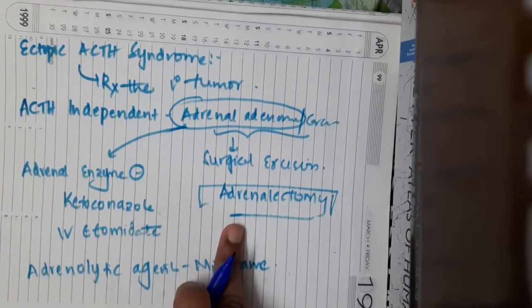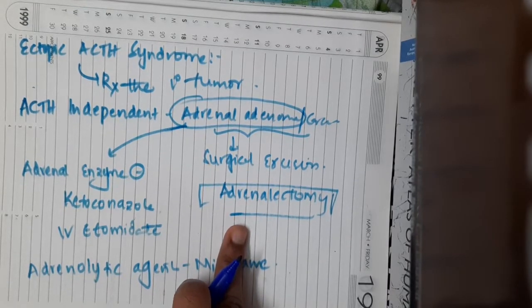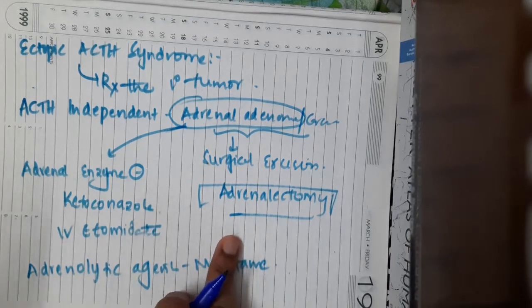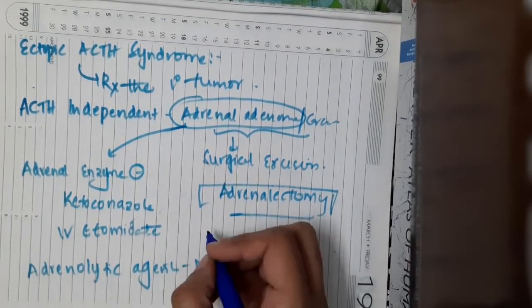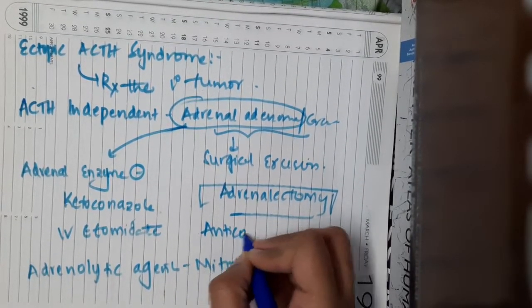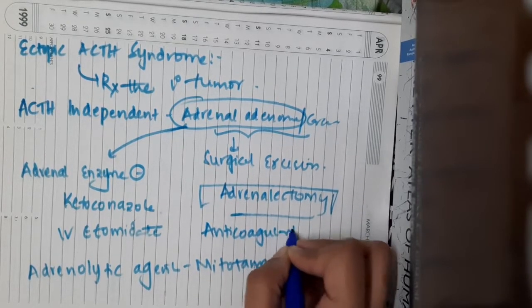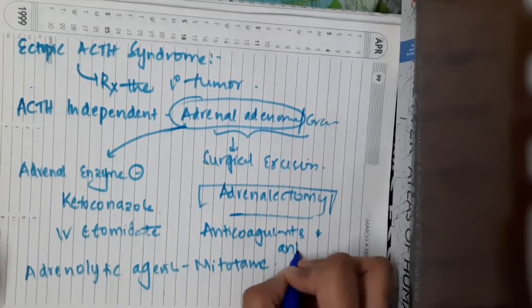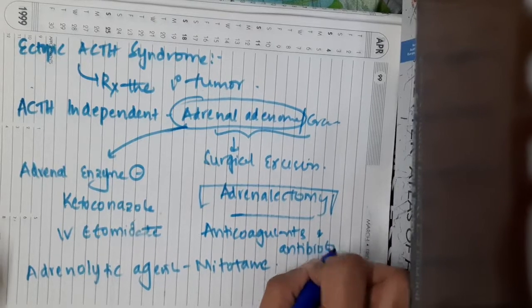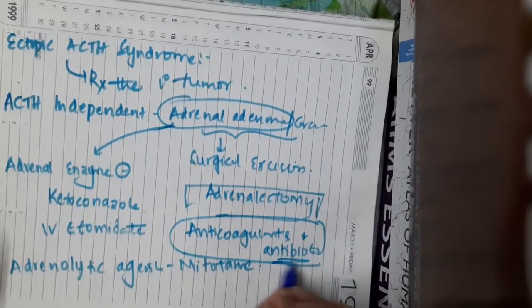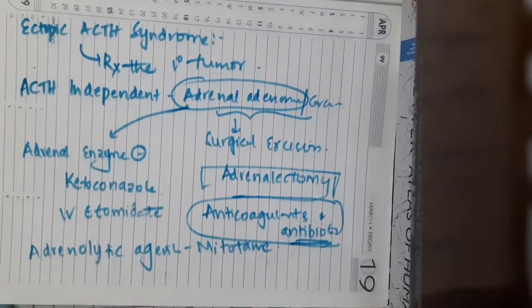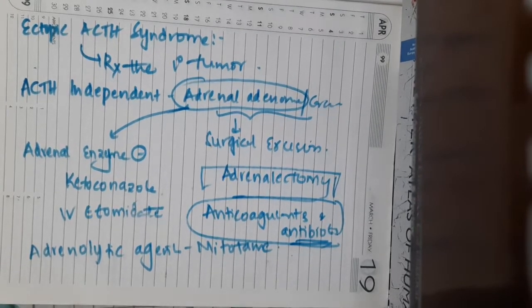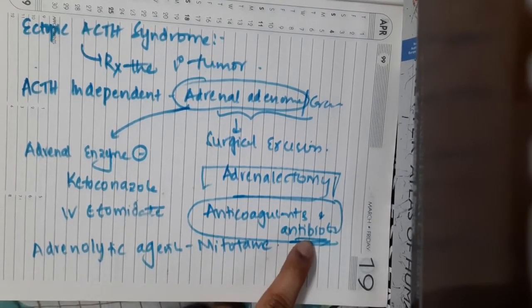Preoperatively, before we do adrenalectomy, we will have to manage the patient by giving prophylactic anticoagulants and antibiotics. They are given because Cushing syndrome predisposes to increased infections, so to counteract infections we should give antibiotics.